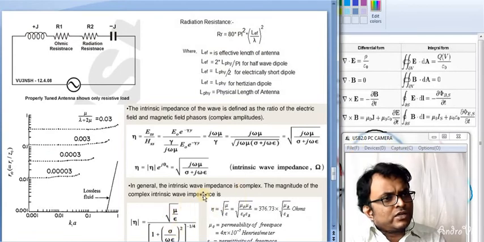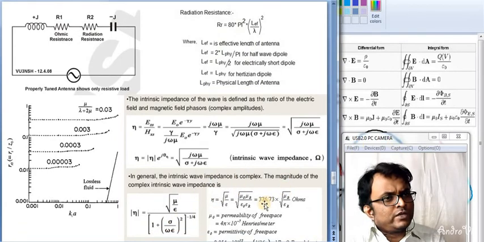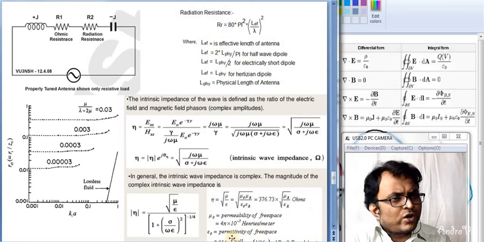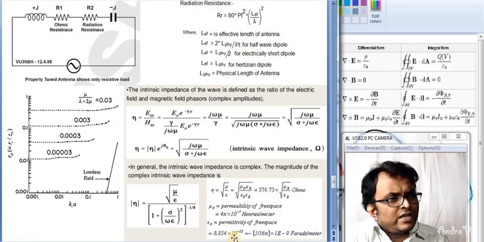And the wave impedance, as I already discussed, is basically E by H. It is not only the pure 377 ohm I am taking; the intrinsic wave impedance actually has some imaginary, complex part also. But for the amplitude we can consider only the square root of mu by epsilon, because the other part is very small, as we are normally talking about very high frequency conditions. The permeability of free space is 4 pi into 10 to the power minus 7 Henry per meter, whereas epsilon is about 8.8 into 10 to the power minus 12 farads per meter.